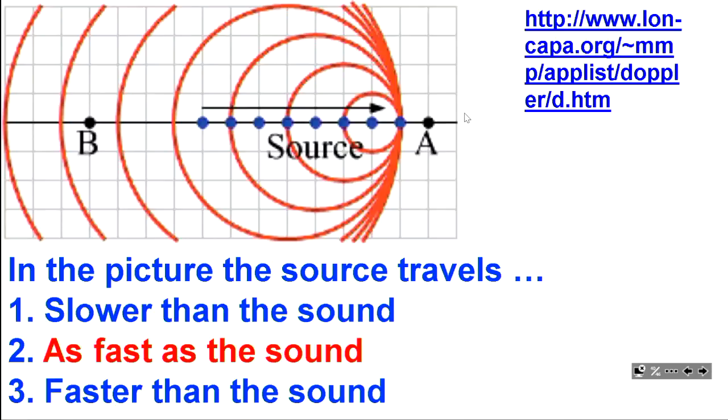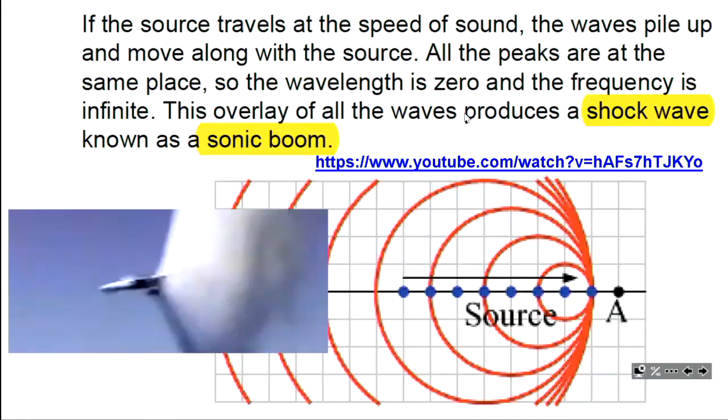When a fighter jet breaks the sound barrier, that's what happens, and a strong sound wave is generated, a boom, sonic boom. And you can look up a video, nice video actually, which shows what's happening. And now we are done with everything related to the upcoming exam.